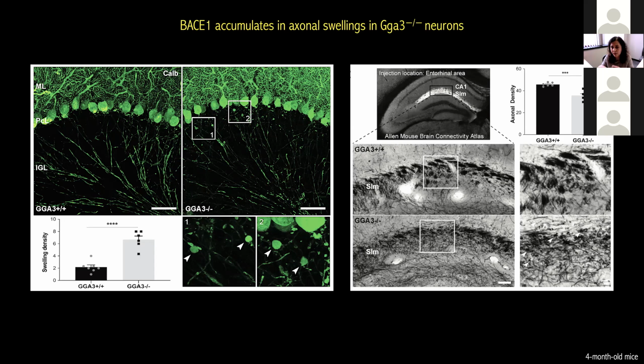We then switched to an area that is more common in the Alzheimer's disease field, and this area is the hippocampus. We did use Bielschowsky silver staining, a modified silver staining, to depict and stain axons. Axons in this area of the hippocampus, the CA1 area, specifically the stratum lacunosum moleculare, are really, really well organized.